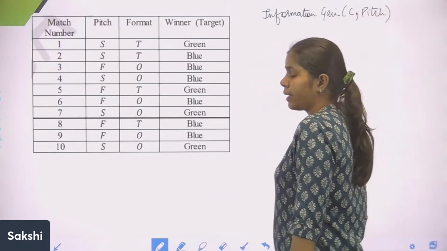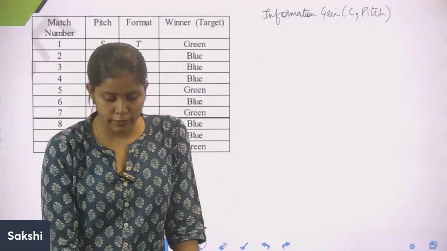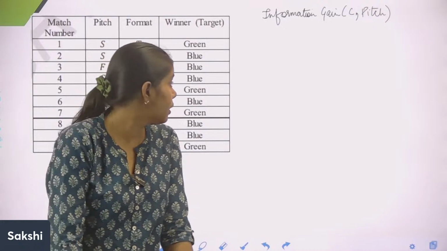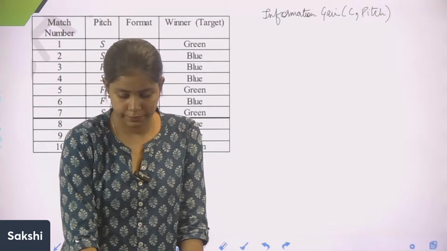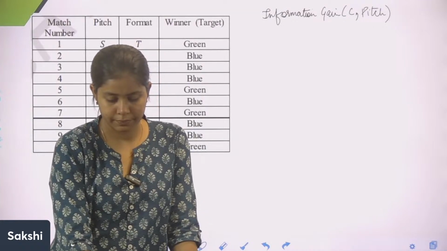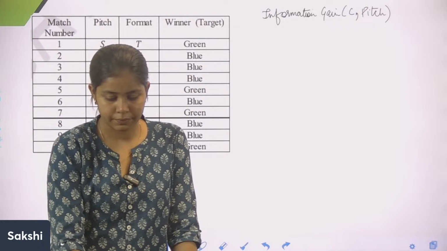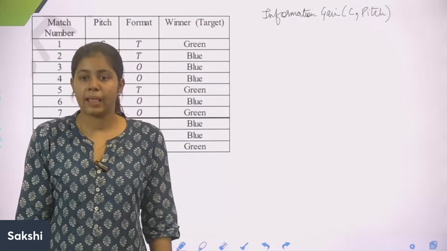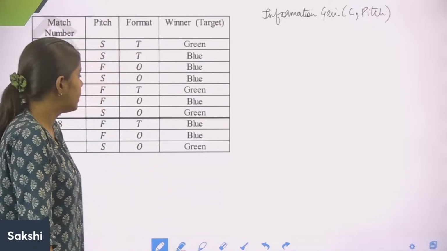Okay, guys, just tell me what would be the information gain. Let's just try to solve it by yourself. Let me know what would be the information gain here in the chat section, guys.